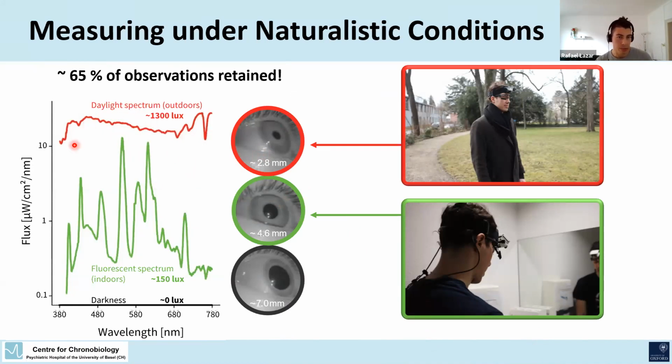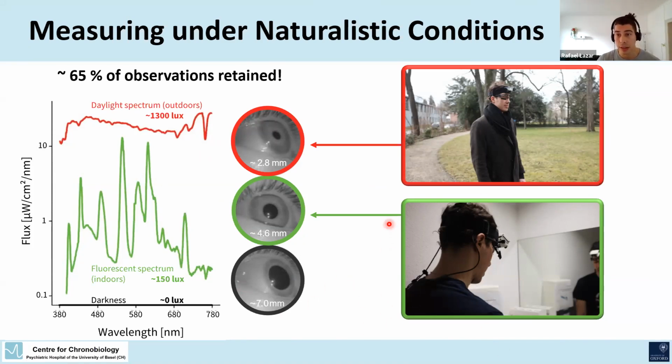And as you probably can imagine, there are different lights that lead to different pupil sizes that we can compute from these still images that we took. And we measured in 7 healthy young participants aged 20 to 30. And we were able to move around freely, like I said, in completely uncontrolled conditions.